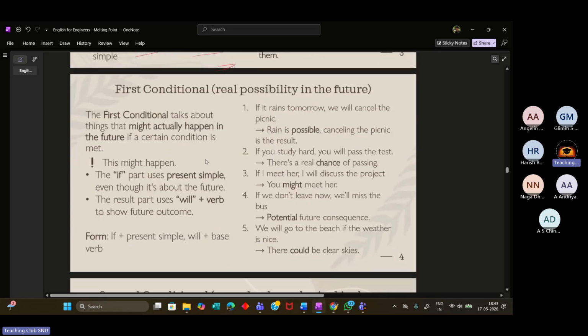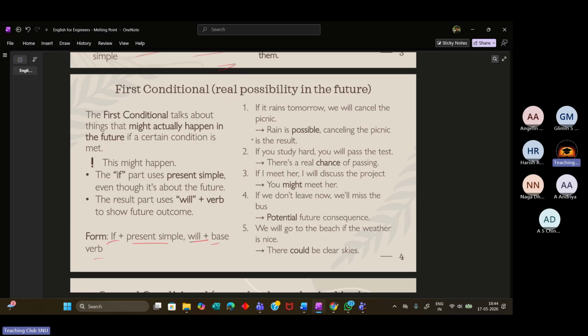The first conditional is that there is a possibility that it may actually happen in the future. Here we add an if plus the condition in simple present, whereas the result will be in this format: will plus the base verb.